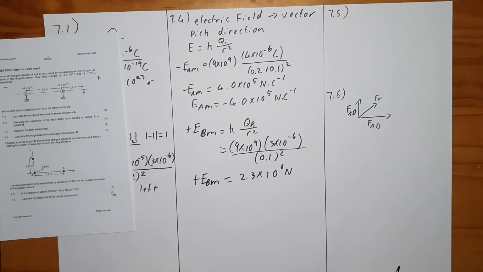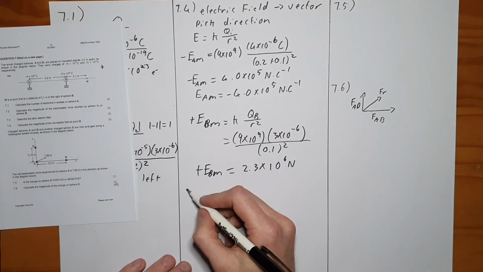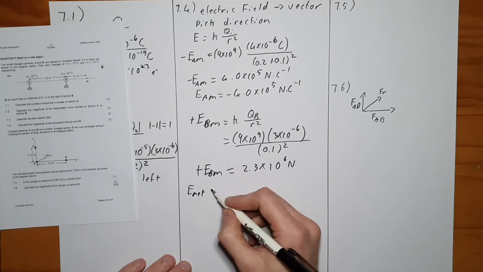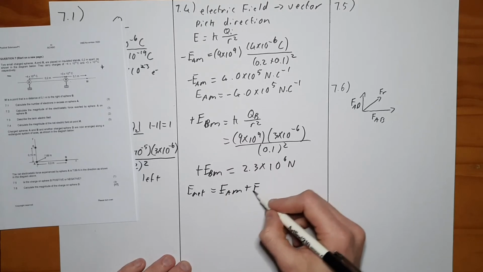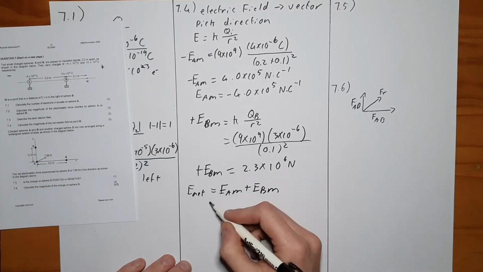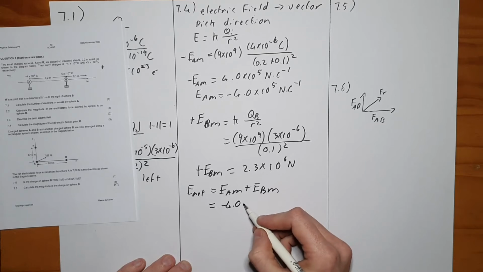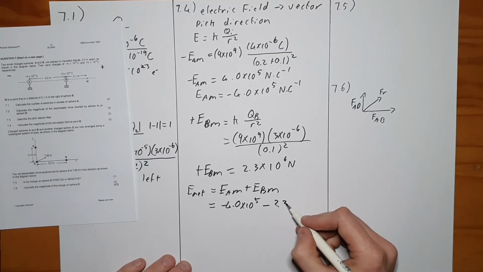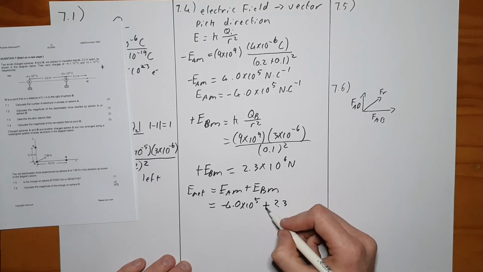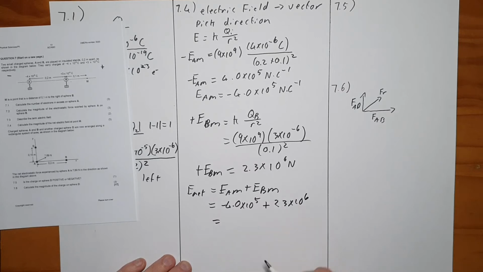Okay, now all we have to do is take the net electric field, so we sum everything up. E net is going to equal E of AM plus E of BM. We said that AM was negative, so it's negative 4.0 times 10 to the 5 plus 2.3 times 10 to the 6, which should give you a final answer.